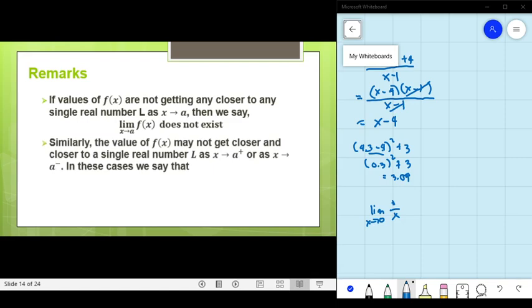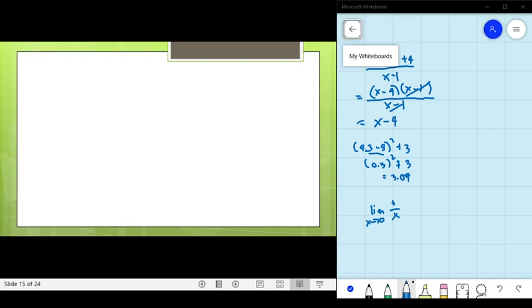Similarly, the value of f of x may not get closer and closer to a single real number L as x approaches a from the right or as x approaches a from the left. In these cases, we say that the limit of f of x as x approaches a from the right does not exist, or that the limit of f of x as x approaches a from the left does not exist.